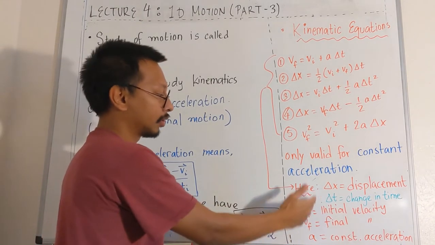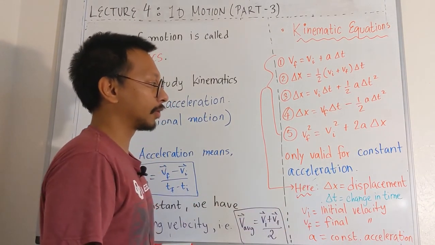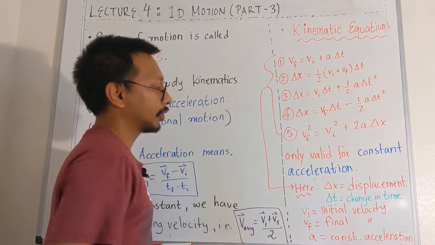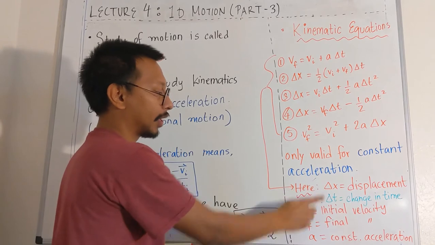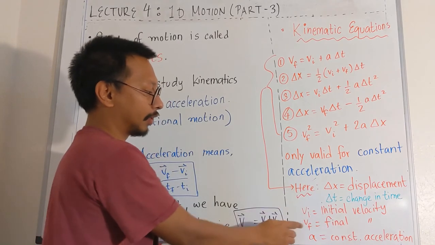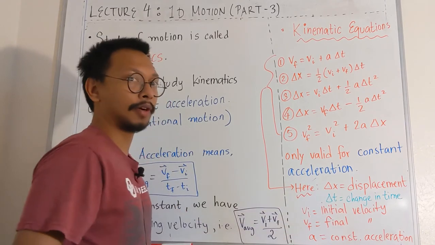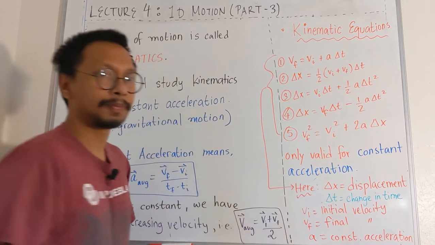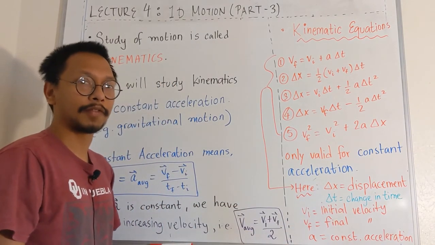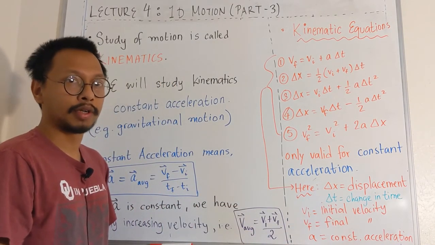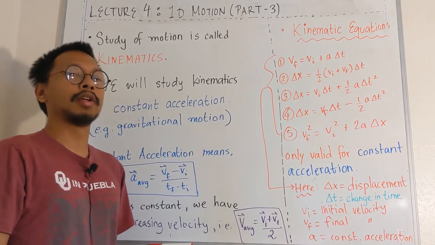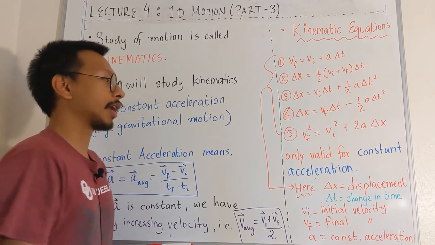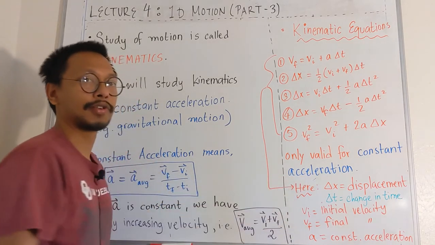And if you look at the variables that are in these equations, 4 of the 5 variables are vectors, in red. So delta x is a vector, Vi is a vector, Vf is a vector, a is a vector. So for all these vectors, the sign in front of them is very important. So when solving these problems, make sure to define a consistent coordinate system and choose the signs of your vectors relative to that.